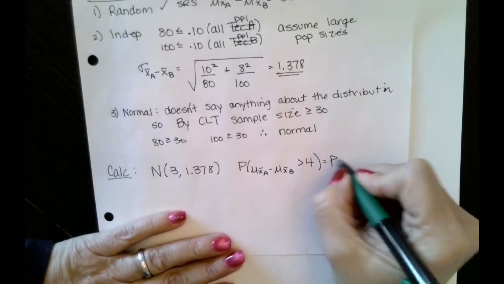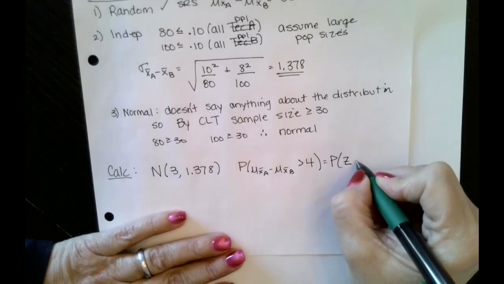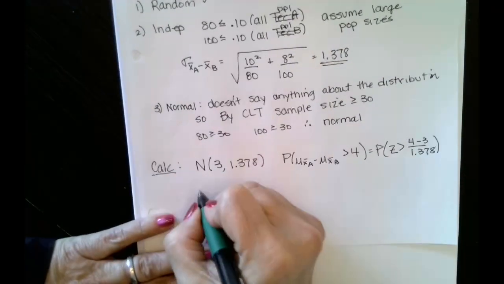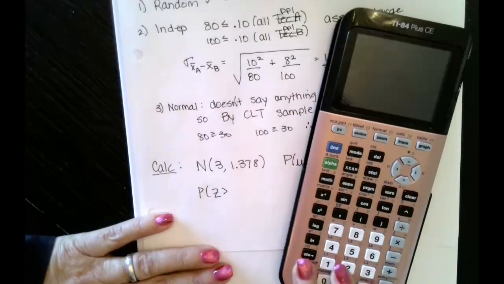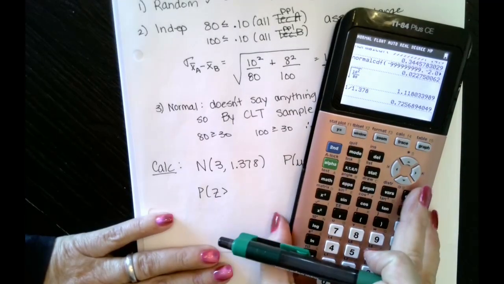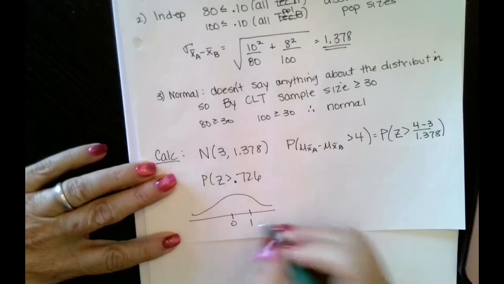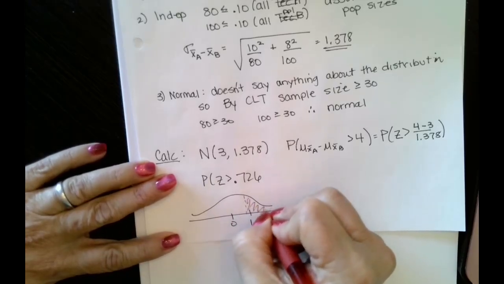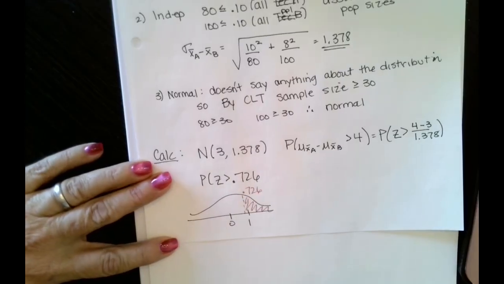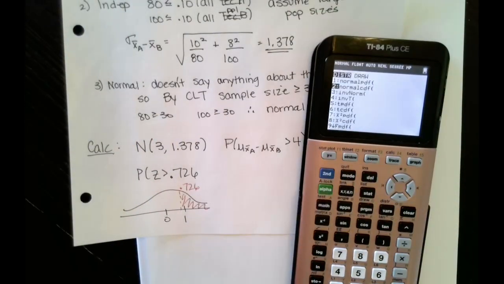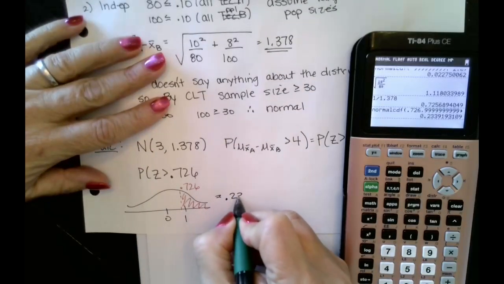When I calculate my z-score, I'm going to have 4 minus 3, divided by 1.378, which is 0.726. Okay, I drew my little graph there, so now I'm going to do normal CDF. My lower bound is 0.726. My upper bound is infinity. And I get that this probability is 0.234.